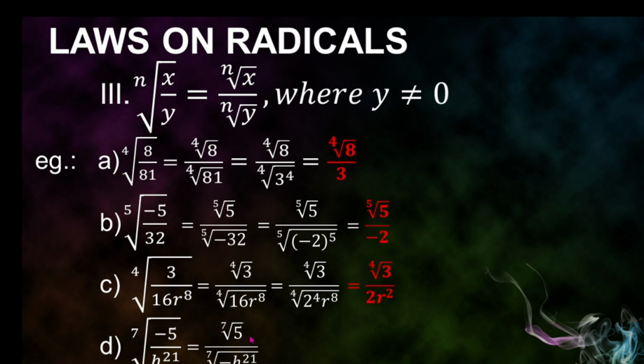Since our numerator is already simplified, we are just going to copy it, while for the denominator, 21, which is the exponent of negative h, is a multiple of 7. So therefore, we can divide 21 by 7. So therefore, we have the seventh root of 5 over negative h cubed.